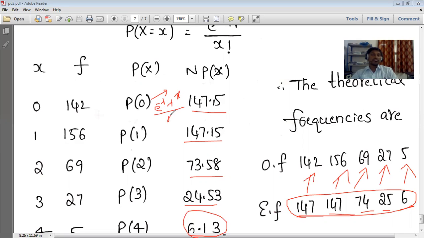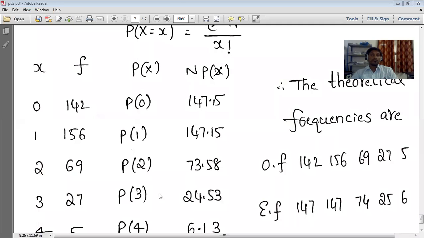This is the one we need to calculate for the first one. And for all the remaining we can use the recurrence formula: P of x plus 1 is equal to lambda by x plus 1 into P of x. By substituting different values in place of x, we will get these. Okay, so these are the different problems in Poisson distribution. Okay, now next.